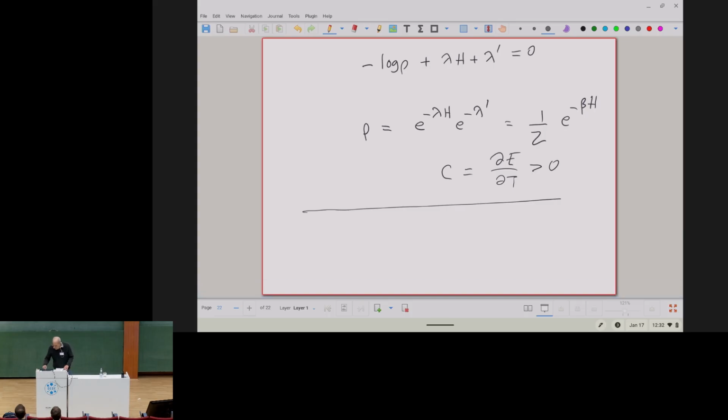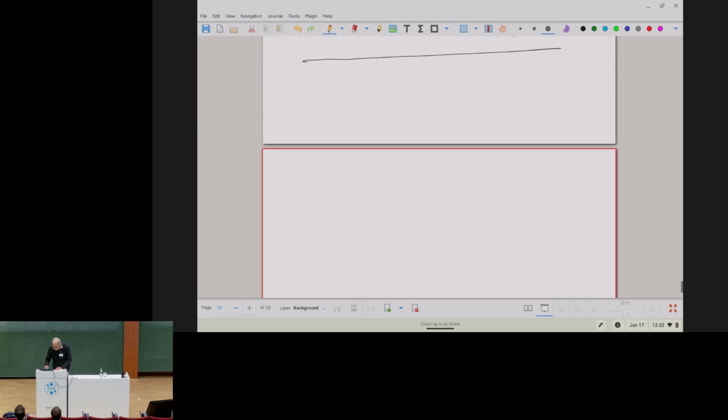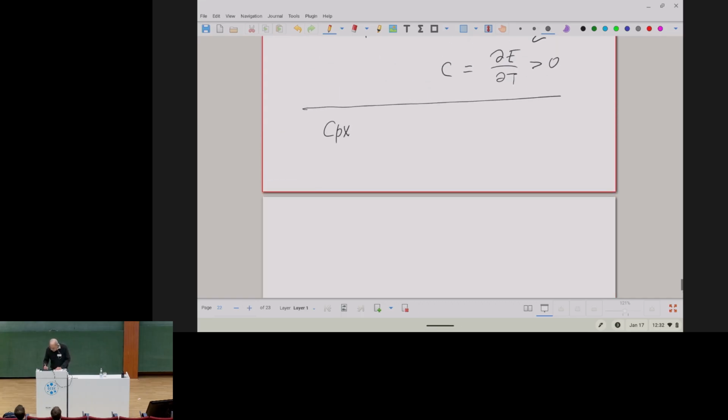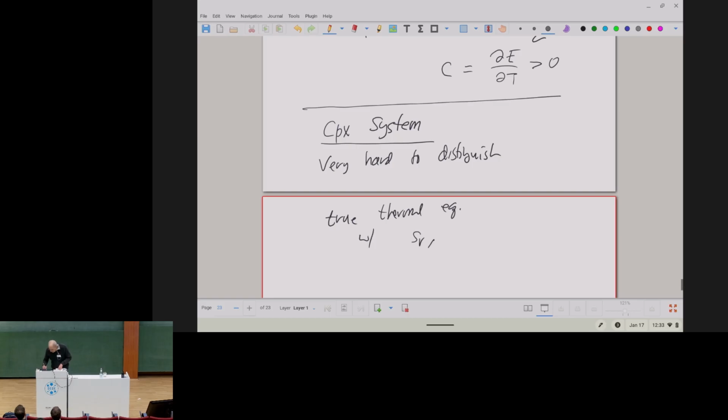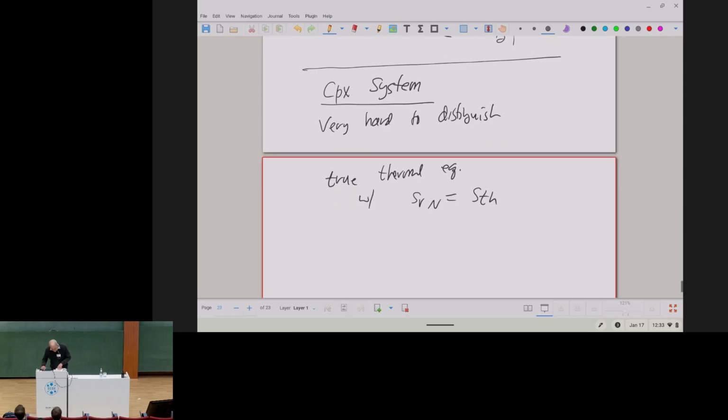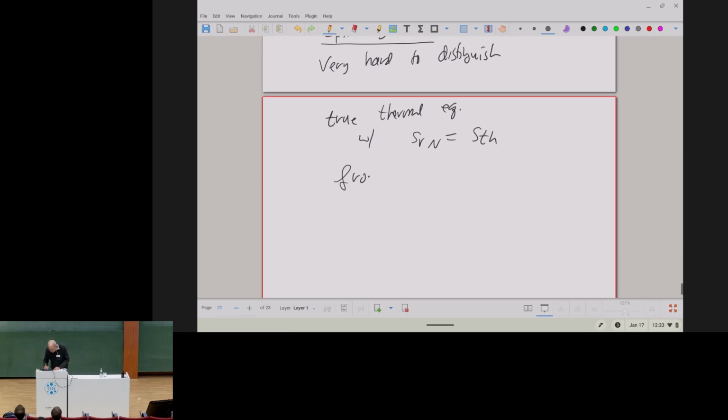Now, for a complex system, something that's very important, which I actually said in answering one of the questions about 15 minutes ago, for a complex system, it's very hard to distinguish true thermal equilibrium, in which the von Neumann entropy equals the thermodynamic entropy, from any generic state.